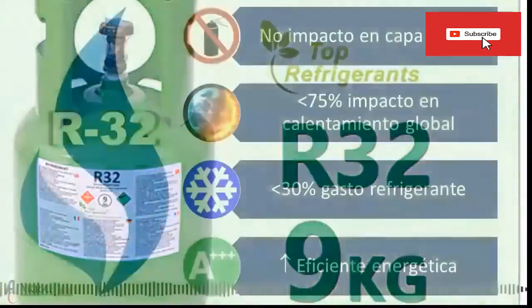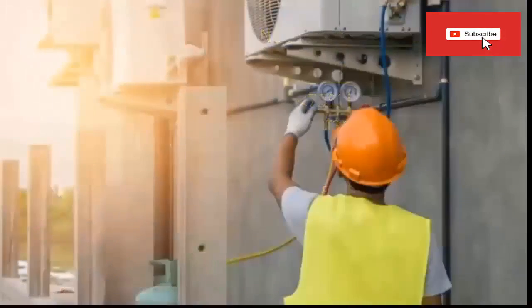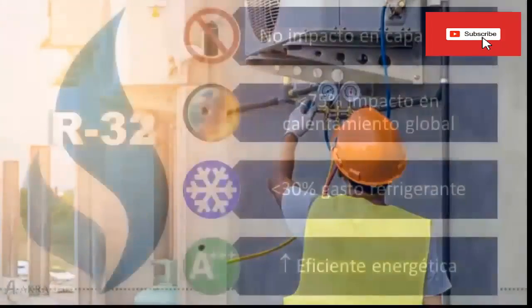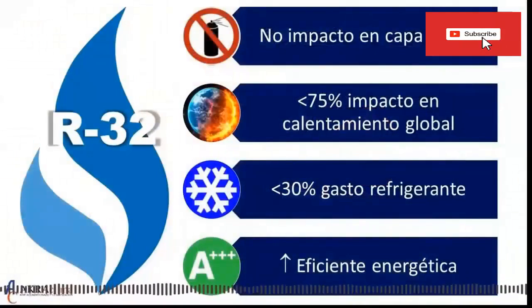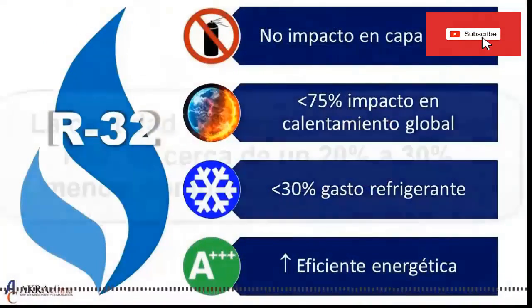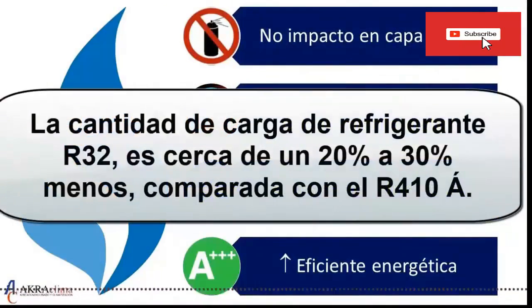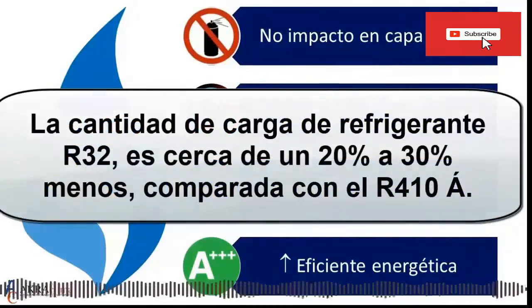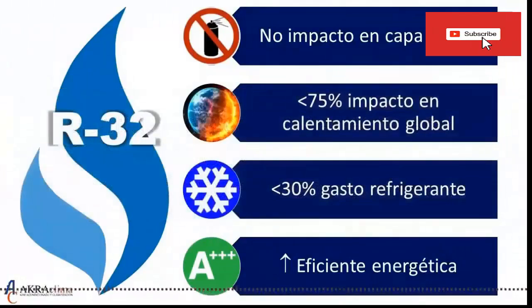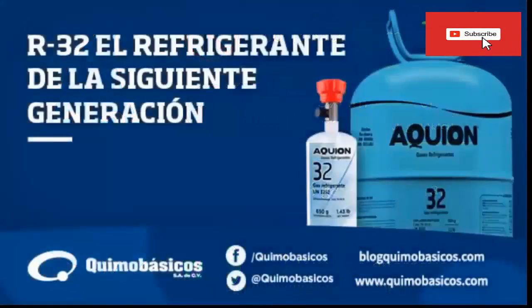6. R32 has better efficiency and around 10% more capacity than R410A, depending on the application and system design. 7. The charge amount of R32 refrigerant is about 20% less compared to R410A. 8. R32 is a relatively inexpensive, single-component refrigerant, which means it is easier to recycle. 9.